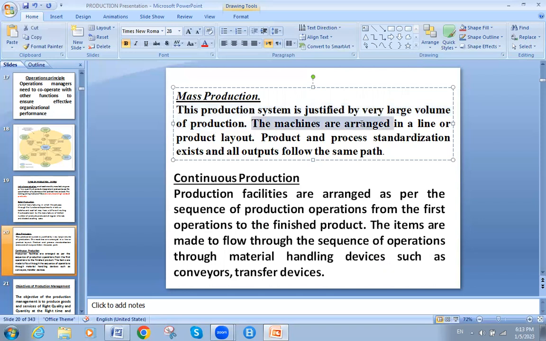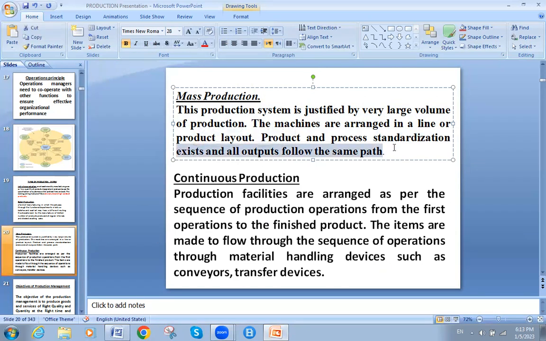The machines are arranged in a line or product layout, with product and process standardization. Standardization means all look the same. All the products in mass production look the same, and they all follow the same path.